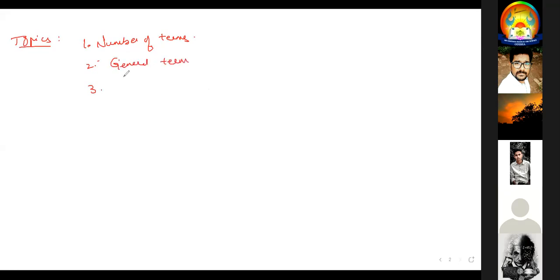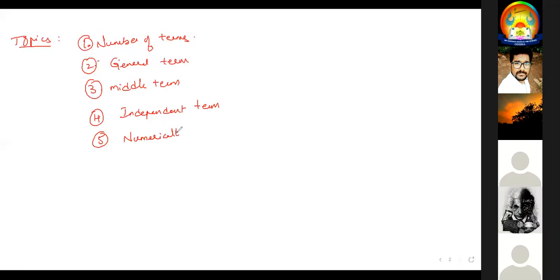Second one is general term. Next one is middle term. Next one is independent term. Next one is numerically greatest coefficient. Numerically greatest term. So these are the six topics we'll study now.